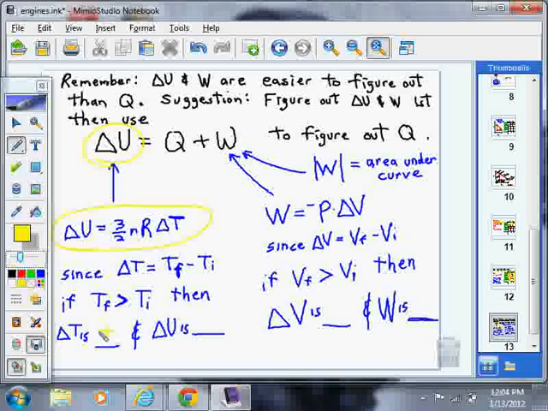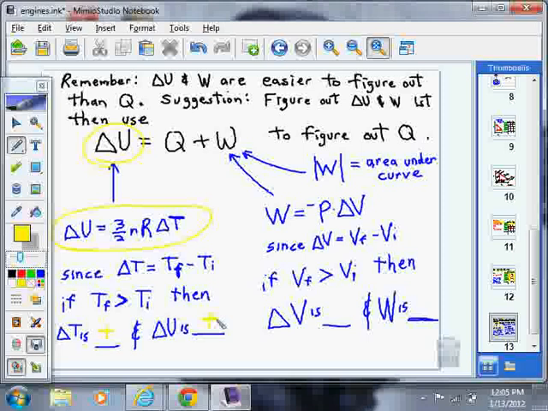And if delta T is positive, looking at the formula right above, what's the deal with delta U? It's also going to be positive. So now that we know the temperatures of those endpoints, we can so easily calculate the change in temperature. And if you know the change in temperature, you can come back here and figure out the change in internal energy. We like calculating delta U.